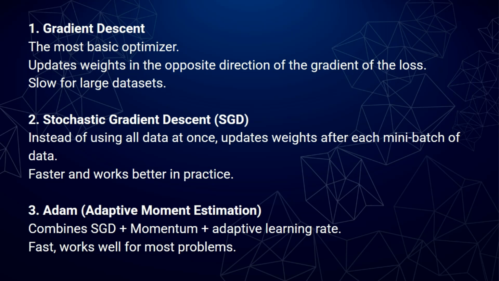What I mean here is it will work like SGD. It will update the weights little by little after every mini data batch, but with an adaptive learning rate. The learning rate of a model is like how quickly the model is learning. Let's say the learning rate of the model is 50%, so the model is able to learn properly 50% from the data set.